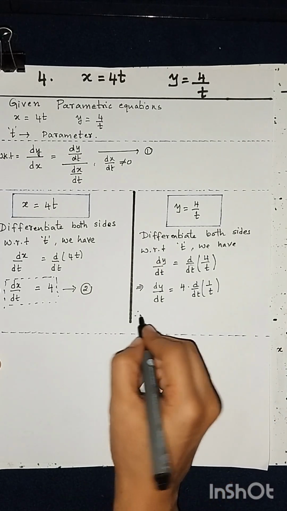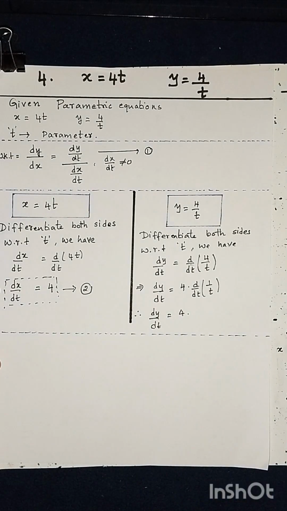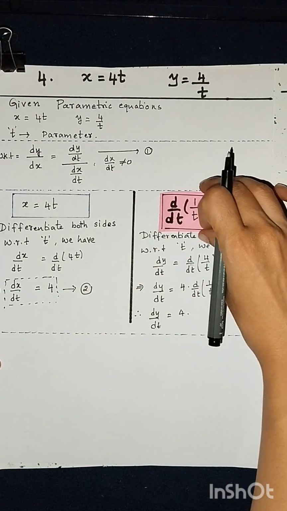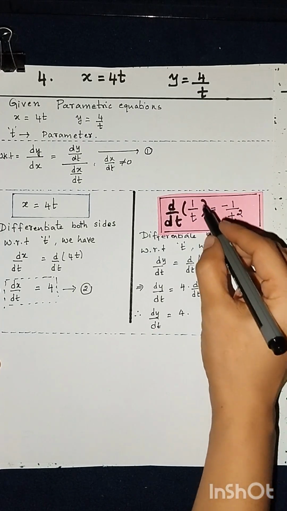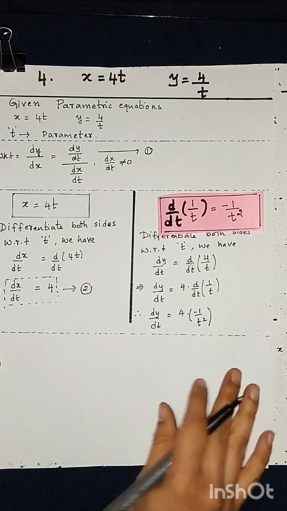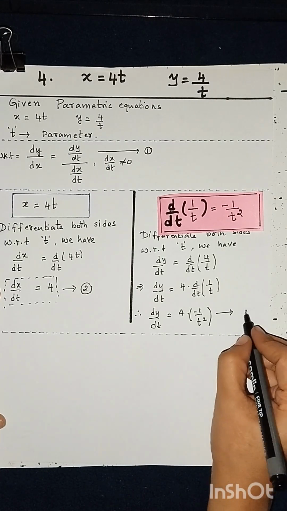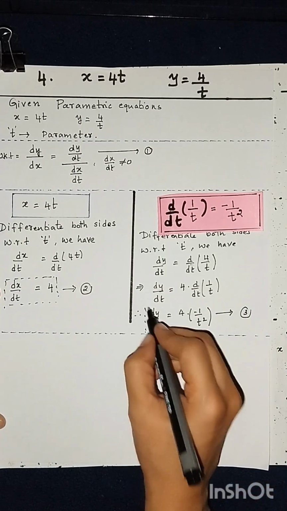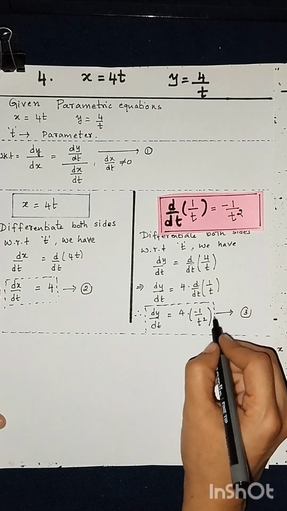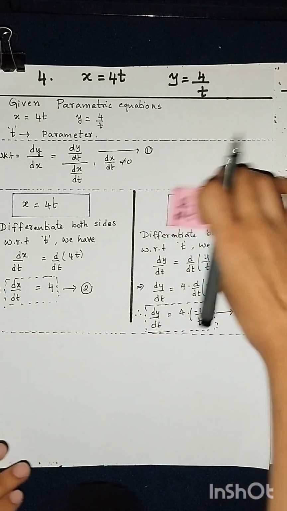So dy by dt is 4 into the derivative of 1 by t, which is minus 1 by t square. So this is 3. So now we got 2 and 3.